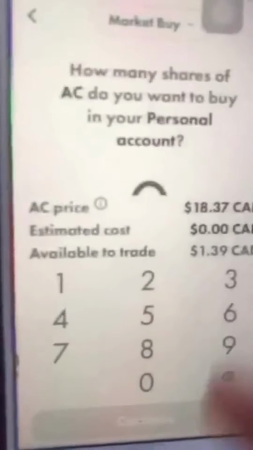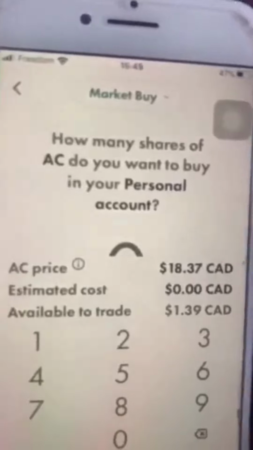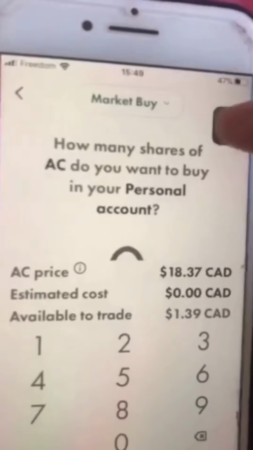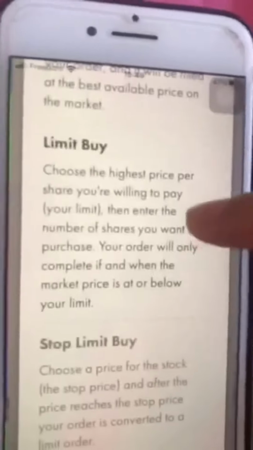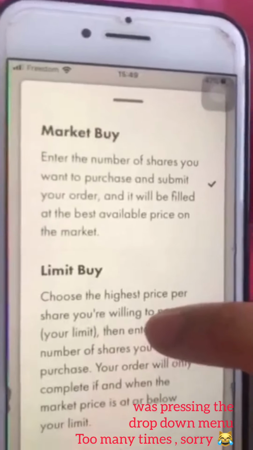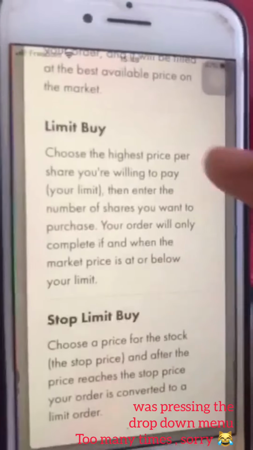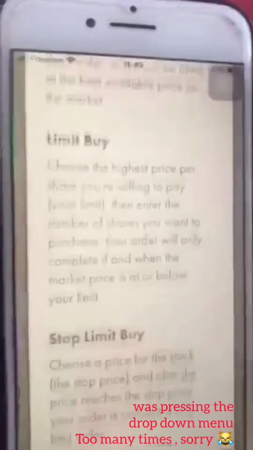You click next. It's gonna ask you how many shares of Air Canada you want. Do you want 1, 2, 5, 10, or whatever you want. Then at the top here, you have the option market buy, limit buy, or stop limit buy. So market buy means that your trade will be executed at the current market price.